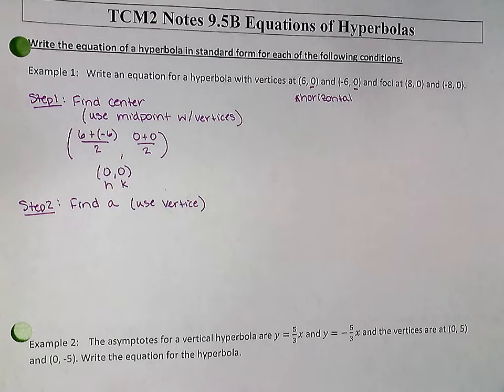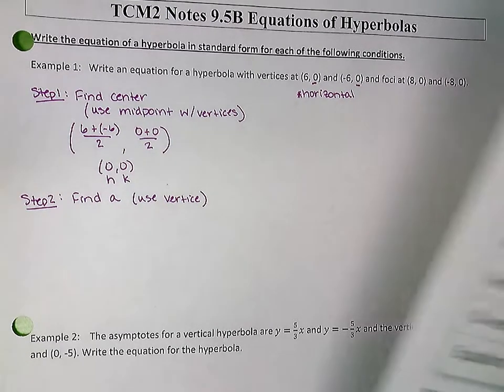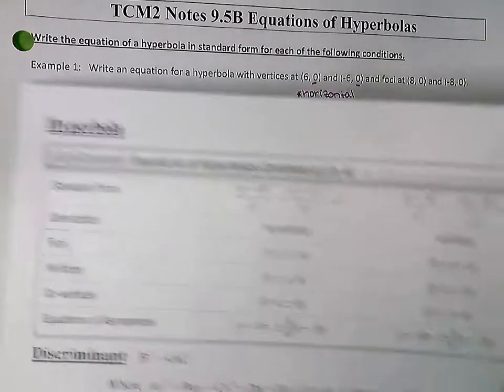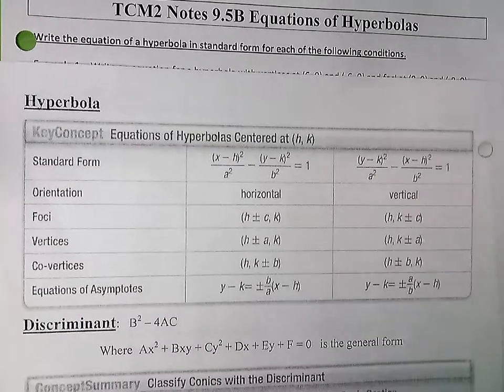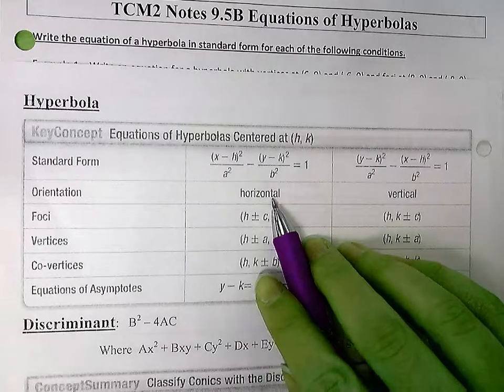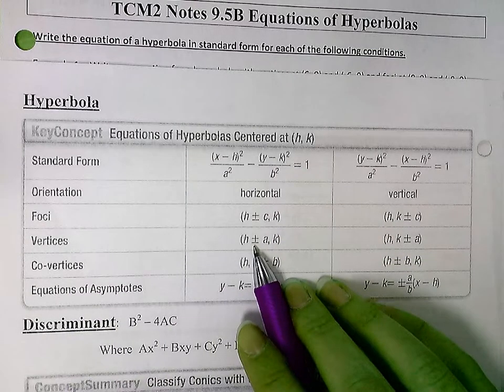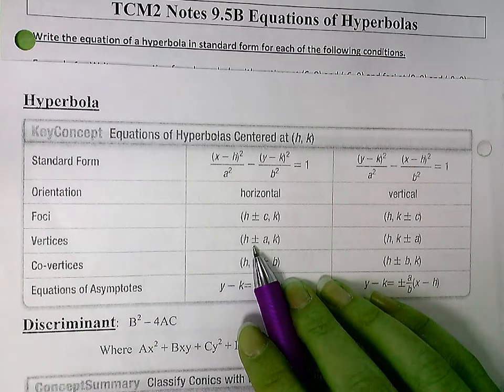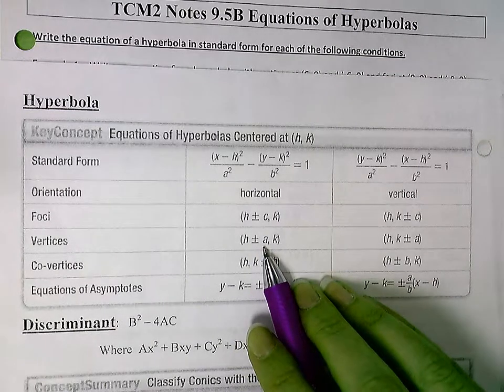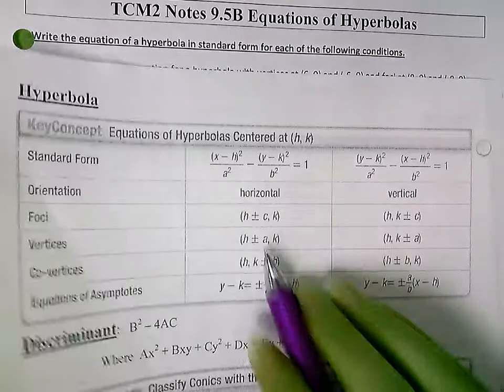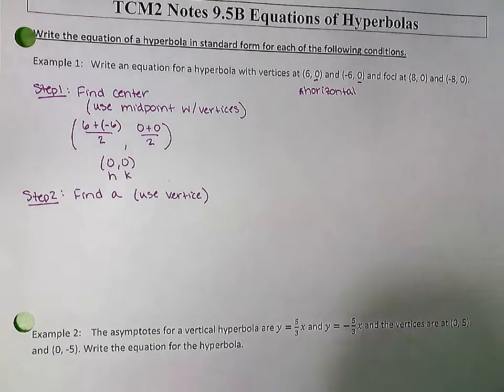Now, since this is horizontal, since it's horizontal, to find A using my vertices, I need to use that x value of my vertex.